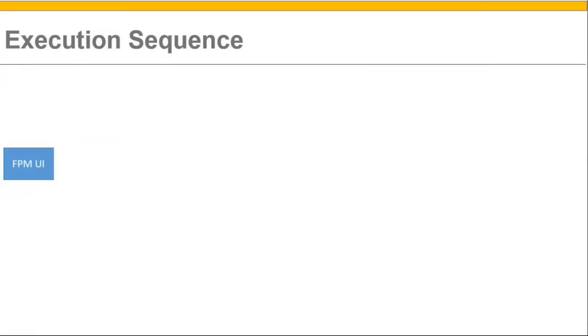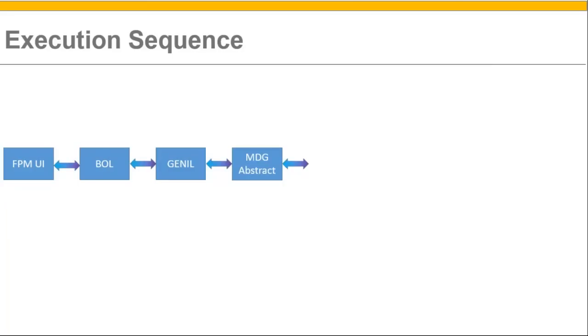So in this execution sequence, we discussed FPM UI will talk with the BOL will talk with Genil, and Genil will call an MDG abstract layer. So here, we need to understand that it is not directly the MDG abstract layer which will be called by Genil.